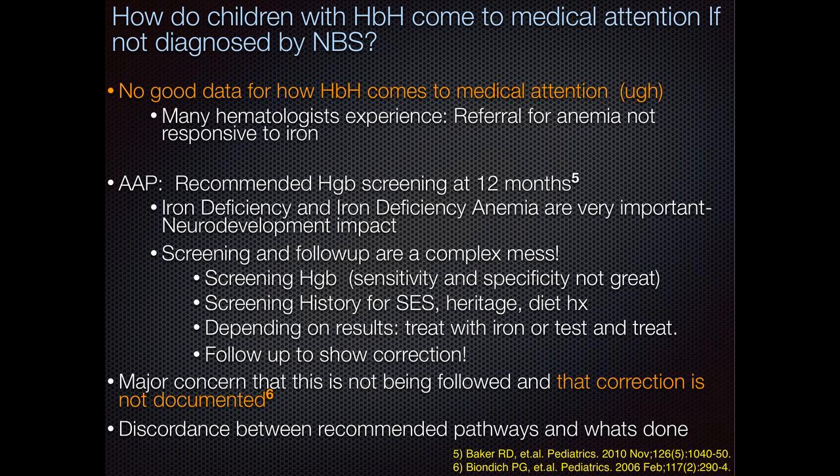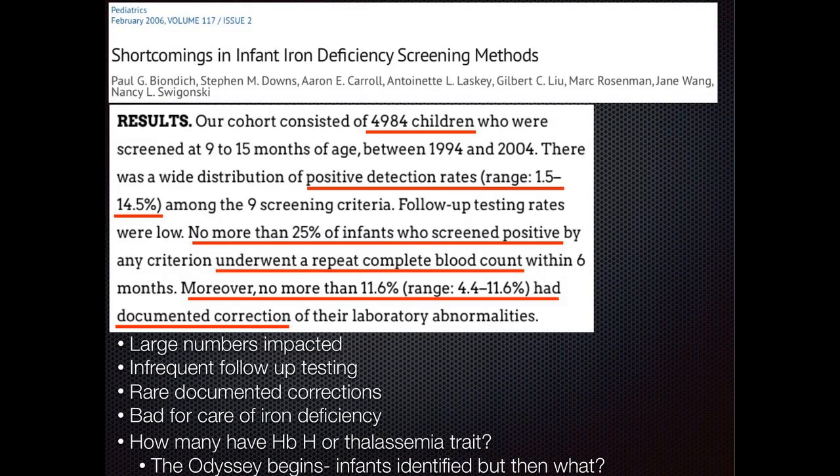So it's a lot of work. Depending on the results, they recommend either treating with iron or testing and treating. So again, complexity, and then follow up to show correction. But one of the big problems, which I'll show next, is that this is often not followed and correction is not documented. There's a big discordance between what's recommended and what's done.